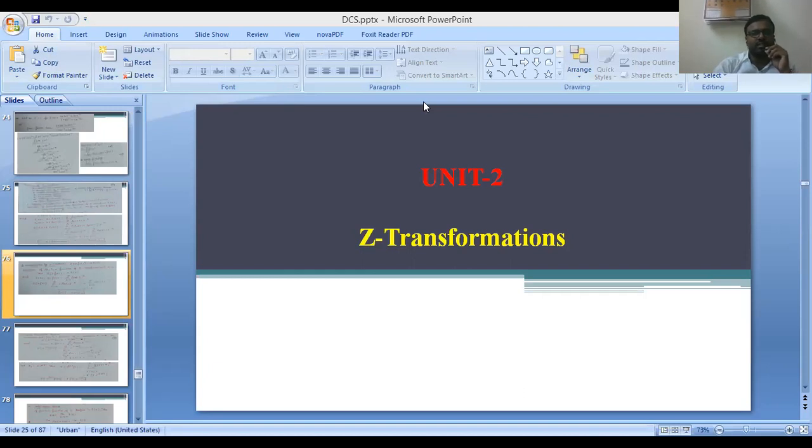In the last class itself we have started this next topic, that is theorems of Z transform. This theorems of Z transform is also very important, which is repeatedly asked in your university previous question papers.